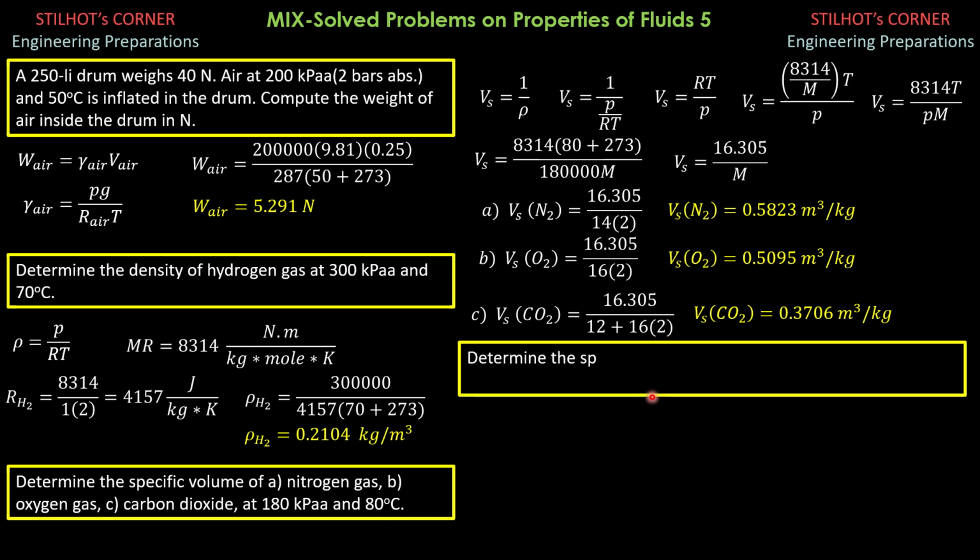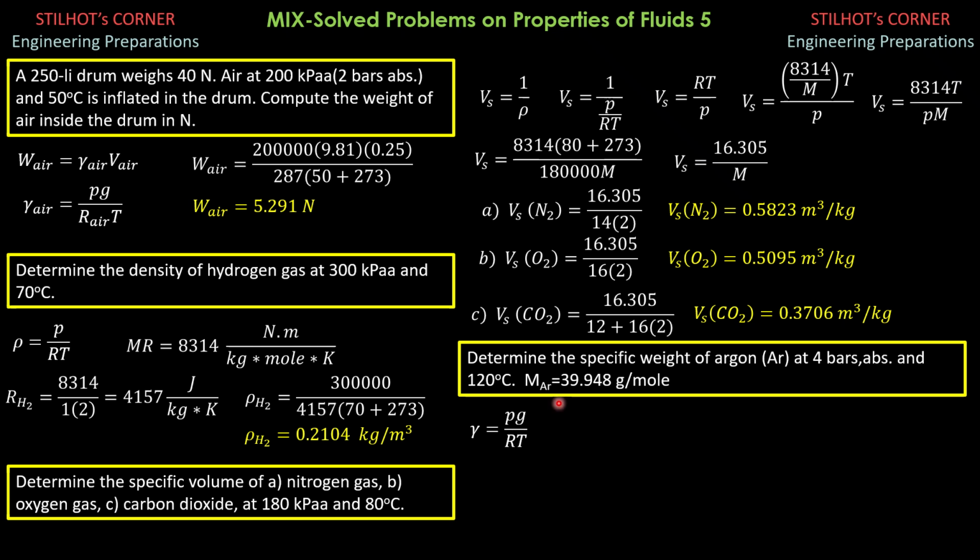Then finally, for the last problem, determine the specific weight of argon at 4 bars absolute and 120 degrees Celsius. The molecular mass of argon is 39.948 gram per mole. So substitute: specific weight is pressure times g over RT.